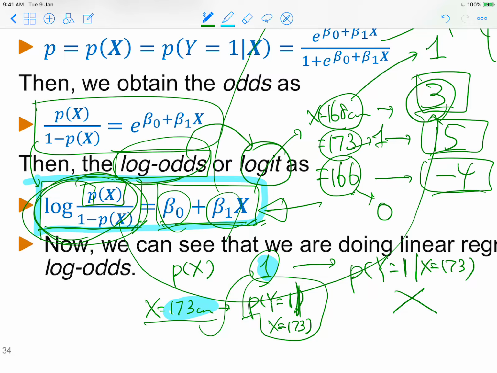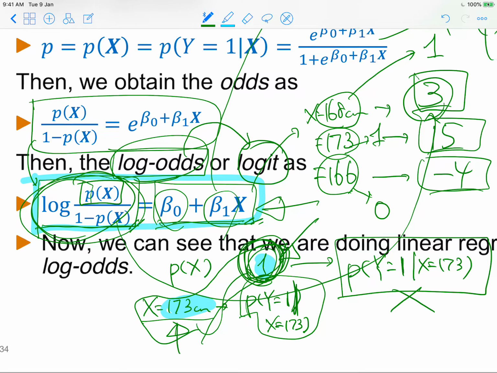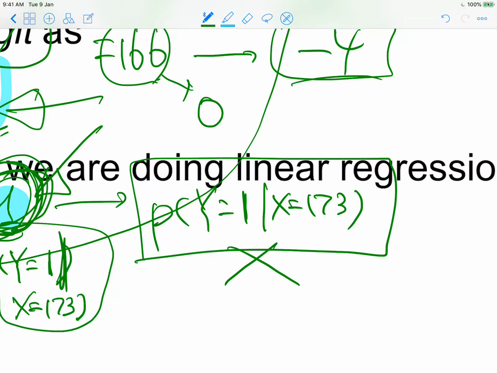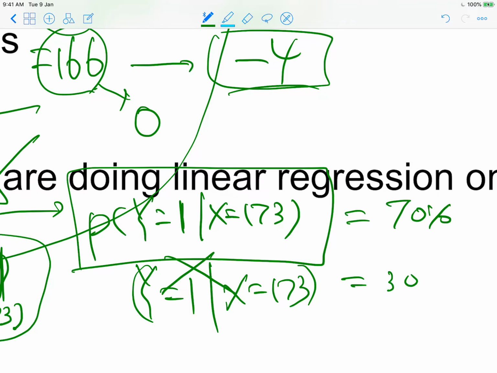But in this case, if this data sample had a label of 1, what is the corresponding probability? Suppose this probability is defined separately: what is the probability of observing a male given this 173 as a feature value? Suppose this is independently defined as maybe 70%, and accordingly, because this is Bernoulli, the other probability is 30%.